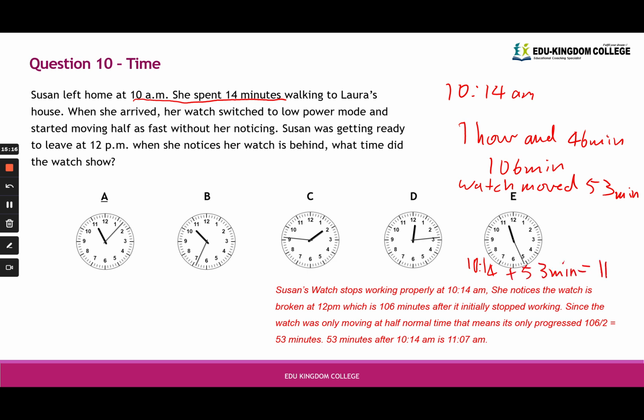Okay, and that will just be 11:07 a.m. Okay, and so the correct watch face on here will be A. Okay, because that's the one with the hour hand pointed at the very beginning of 11. Okay, and the minute hand pointed at 07, right, which is the time we found right here. Okay, and so the answer to this question will be A.